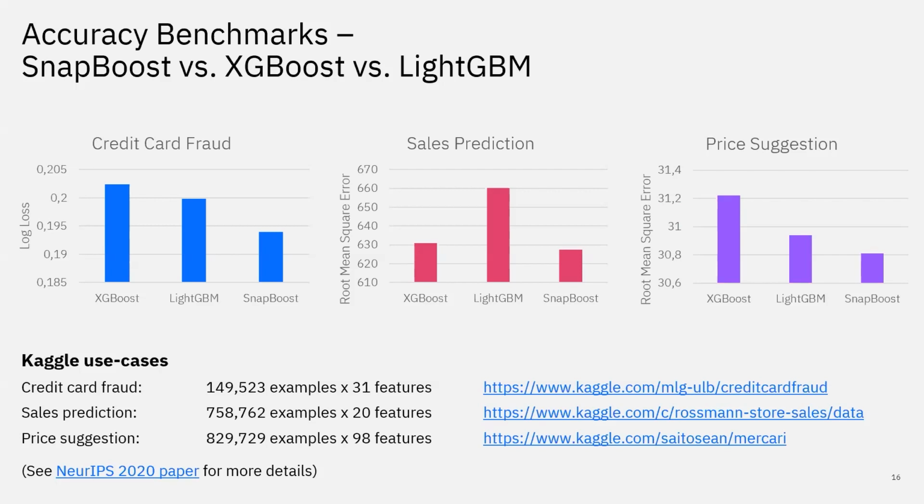And what we see here is that on all 3 of these use cases, when we compare the test metric, whether it's log loss or root mean squared error for the regression problems, SnapBoost is beating XGBoost and LightGBM. And I'd like to emphasize that this is after hyperparameter tuning. So this is the tuned test loss for these 3 different frameworks.